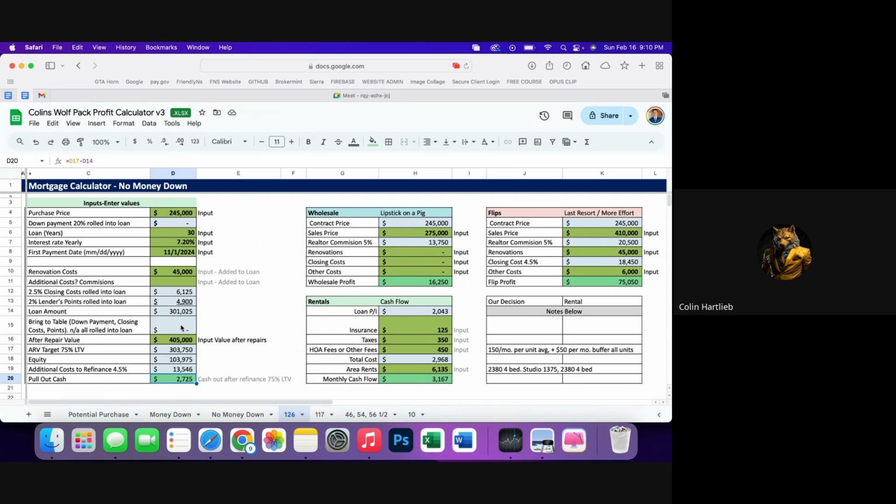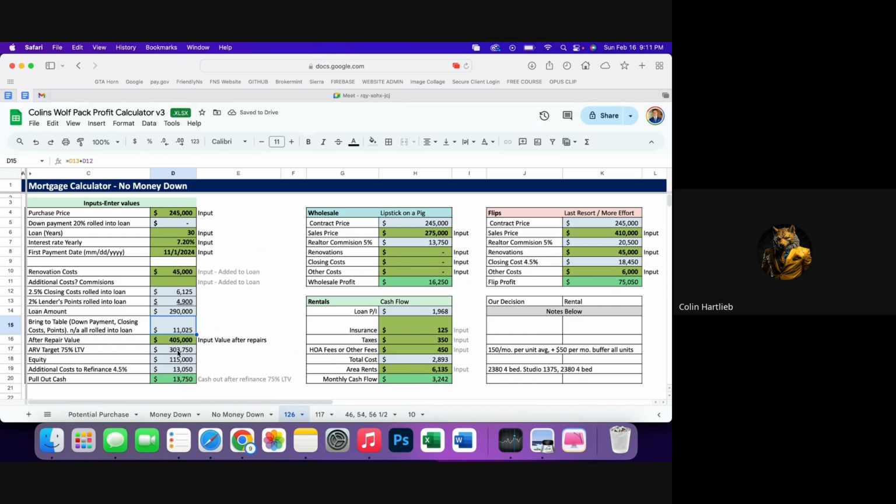Okay, so right now in here, we have all of the closing costs, commission and points added into the loan. That might change, so you might be changing this depending on whether the lender is going to include that or not. If they are not, all you have to do is remove these, and then you just do this, which would be equals this plus this, and that's how much you have to bring to the table.